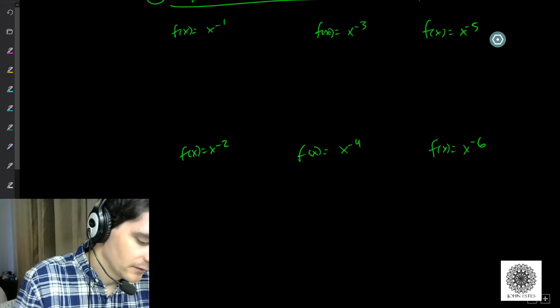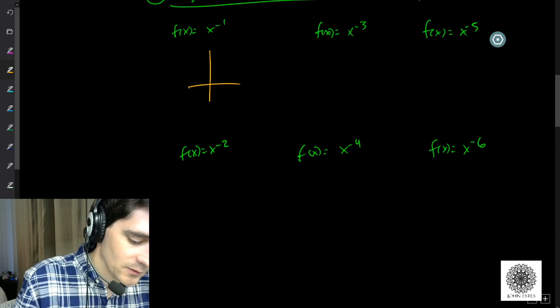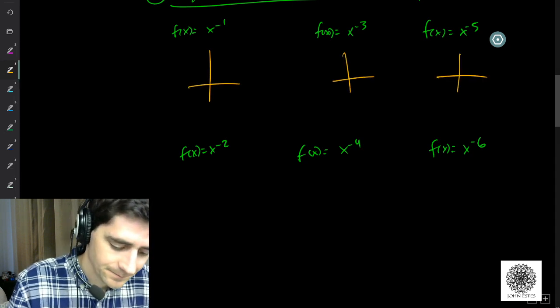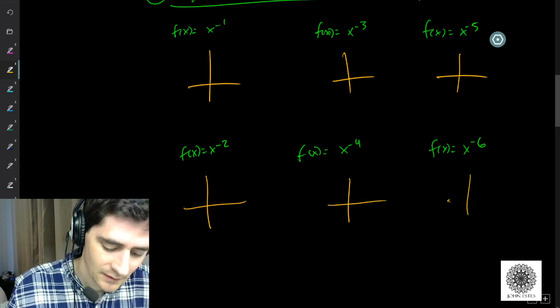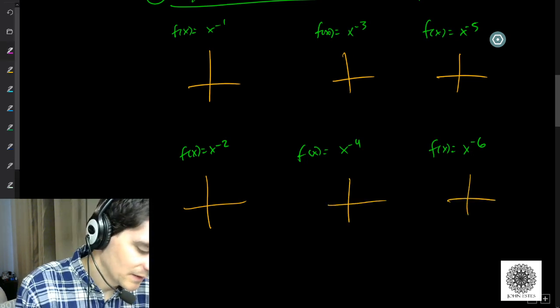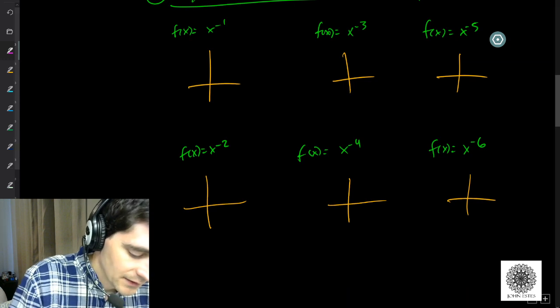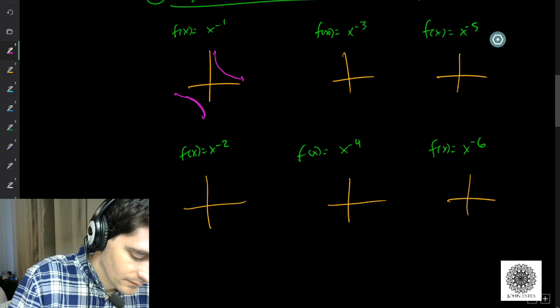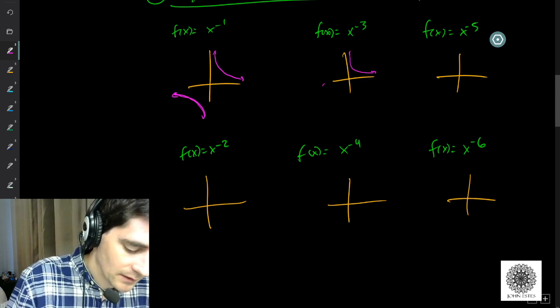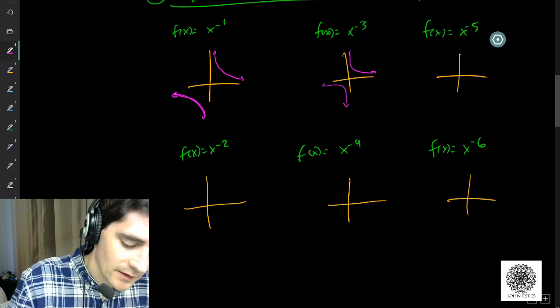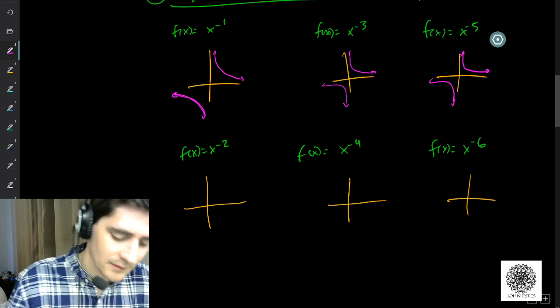Okay, so looking at these things, let me do some quick graphs here. I'm not trying to be overly precise, just trying to get a basic idea of what's going on. For negative 1, we have this shape like this. Okay, for negative 3, it's kind of the same deal. We're just bent a little bit more. And then x to the negative fifth, even more so.